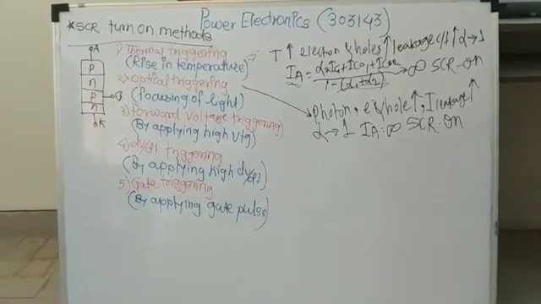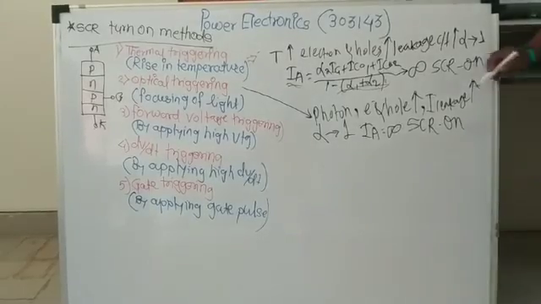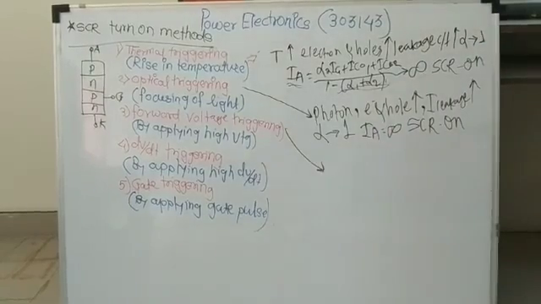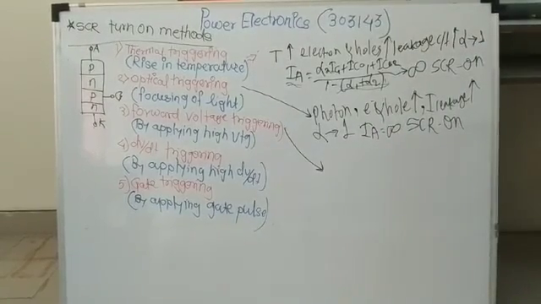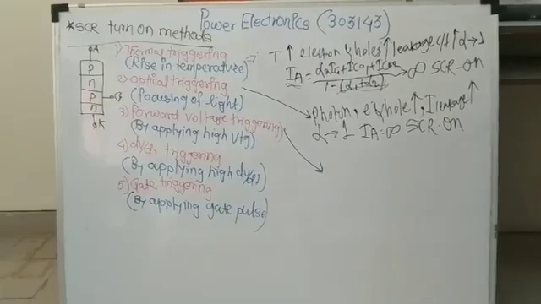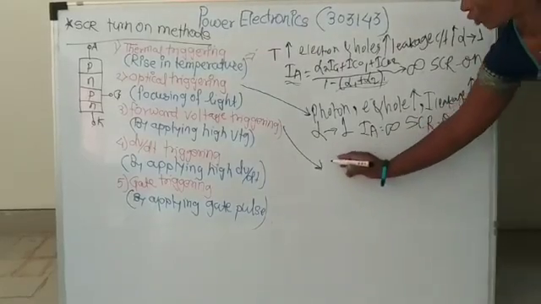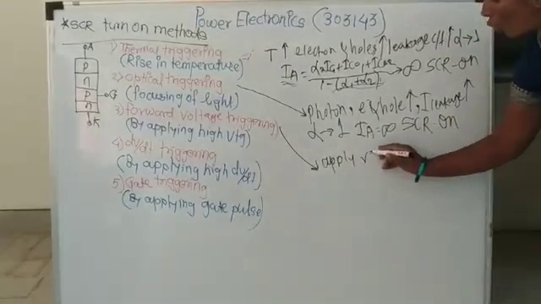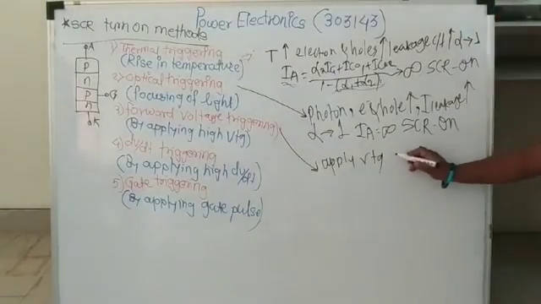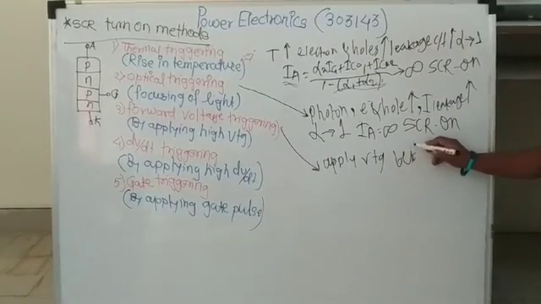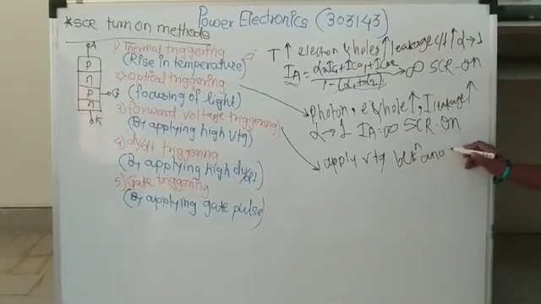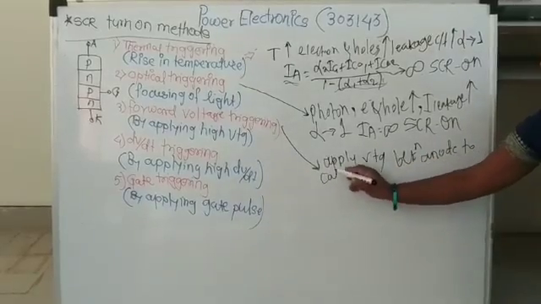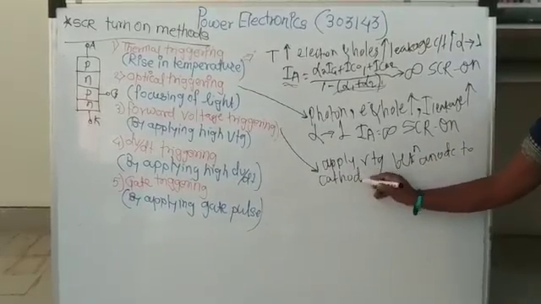Now the next method, that is forward voltage triggering. In forward voltage triggering, we have to apply the voltage between anode and cathode.